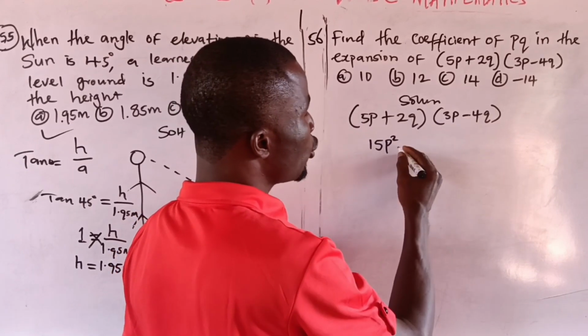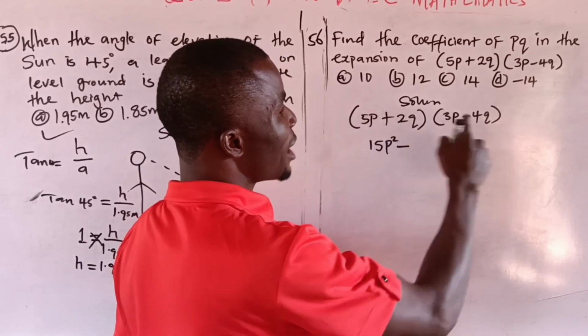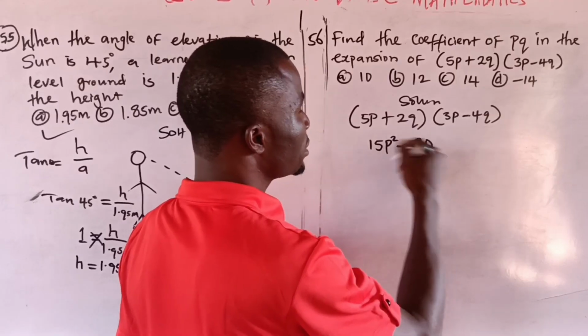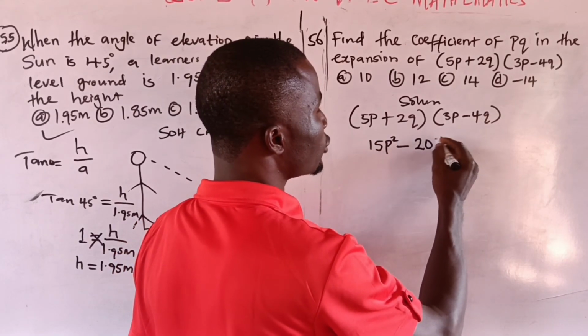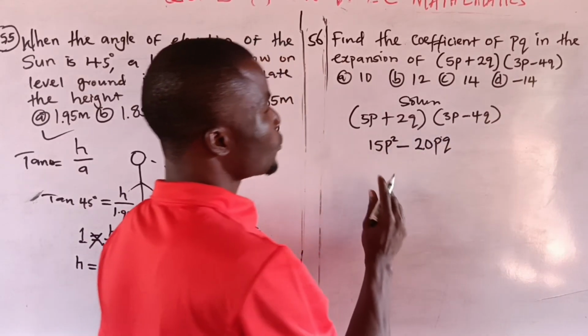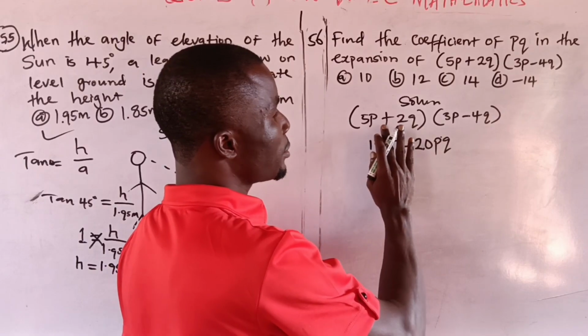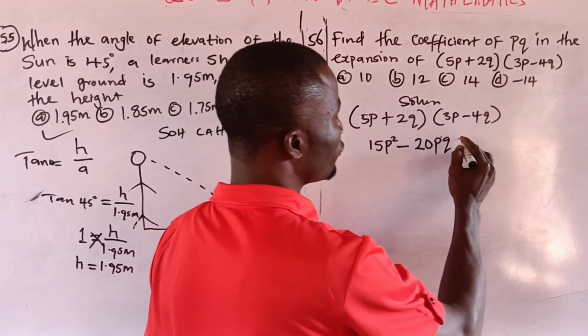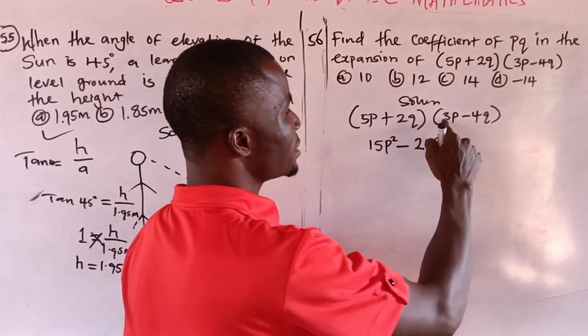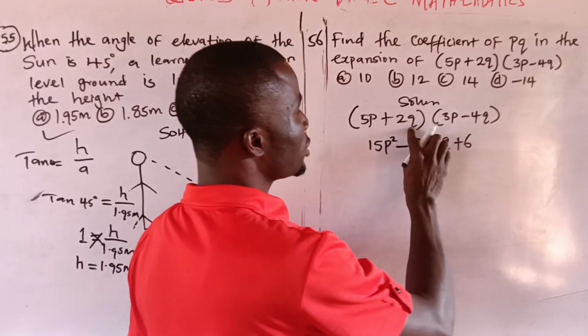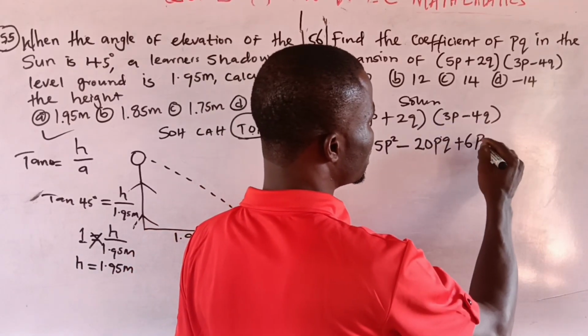Plus times minus will give us minus. 5 times 4 will give us 20. p times q will give us pq. So come to this. Plus times plus will give us plus. 2 times 3, 6. q times p, pq.